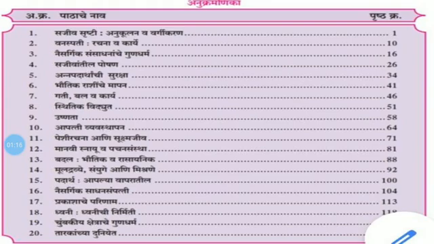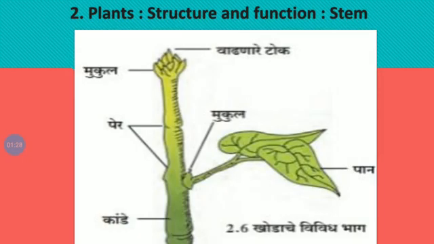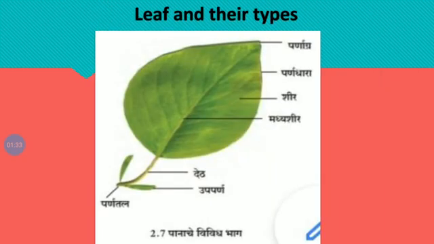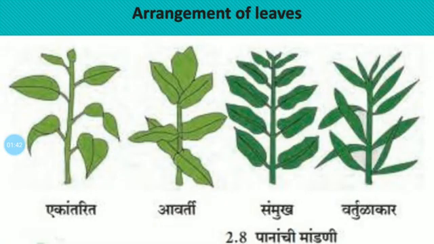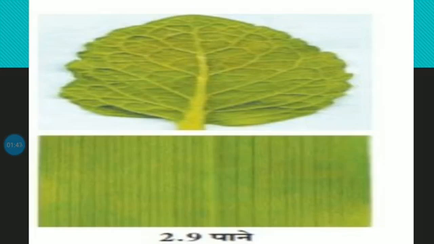There are three types, or the arrangement of the leaf on the stem. These different types or different topics we have seen in the last. So friends, see, there is a reticular and parallel venation.